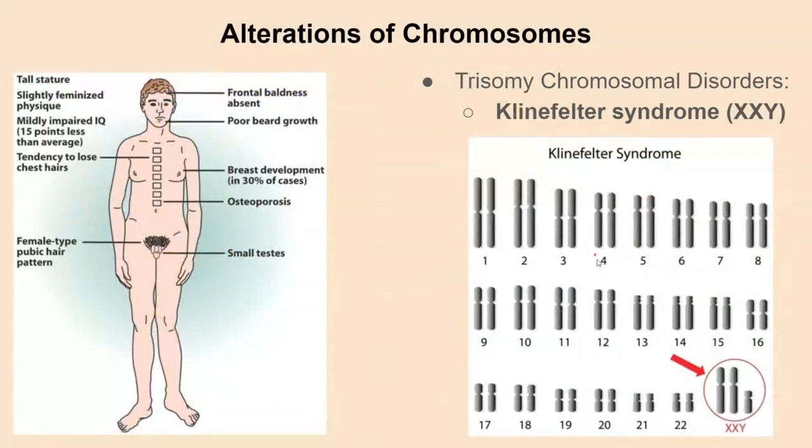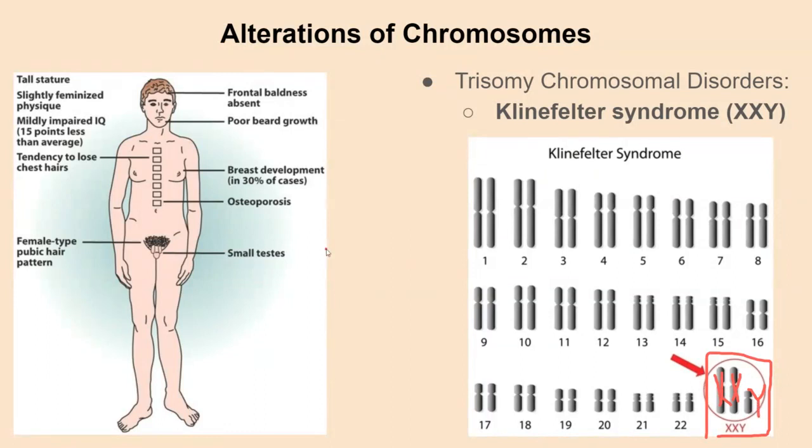Let's look at this person. All of their chromosomes appear very normal until we get to their sex chromosomes, and they are female because they have 2 X chromosomes, but they're also male because they have a Y chromosome.